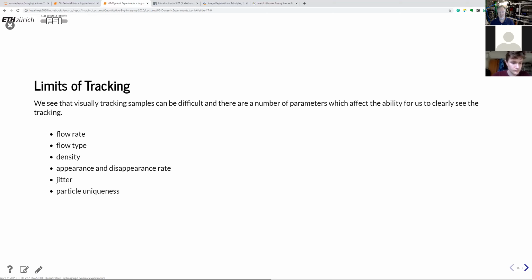Also, jitter is a problem, and one thing that can be annoying when you do the tracking is that if the particles are all the same, it's much harder to identify which one is the one you want to track. So it would be additional information if each individual has a slightly different shape, because then you can use that in the tracking decision. If you were, for example, doing the nearest neighbor, you can add the particle shape as a parameter to decide, okay, I have to go this way or that way.